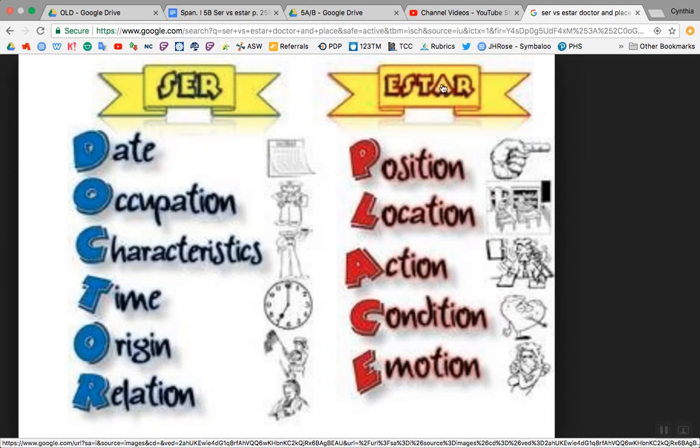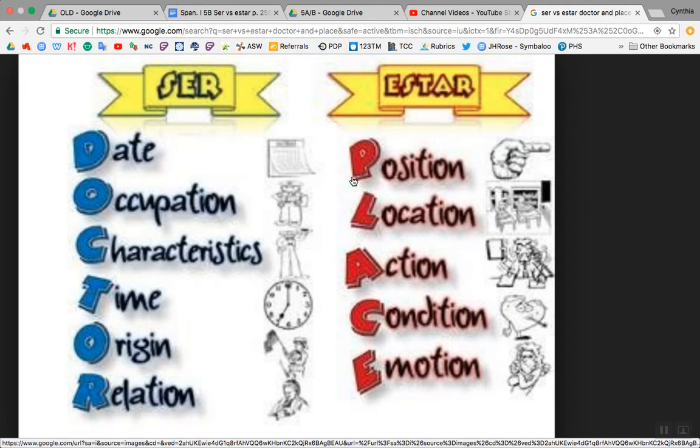And for estar, we're going to use PLACE, P-L-A-C-E. P is for position. L is for location. A is for action. C is for condition. And E is for emotion.